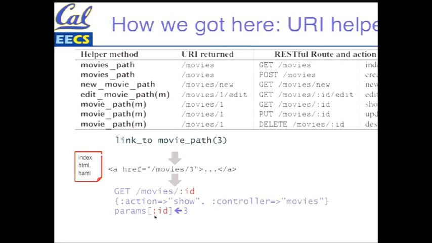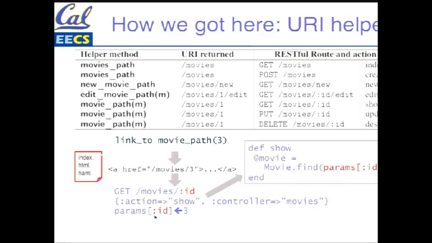And with that, we can now call the appropriate controller action, and the controller action can reasonably expect to find that params[:id] will be whatever this route said it should match. So this is how the routing system acts as the glue between you and the outside world. You specify what you want the wildcards and other pieces of your routes to be, and the routing subsystem will make sure that they show up in the right place in the params hash, and then you can just use them. Okay, so that's how we got here.